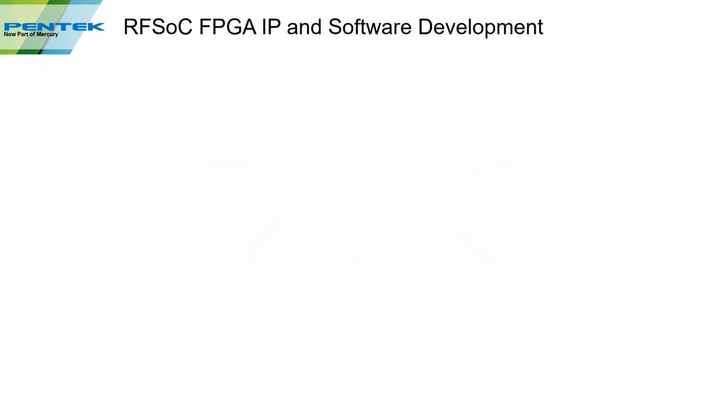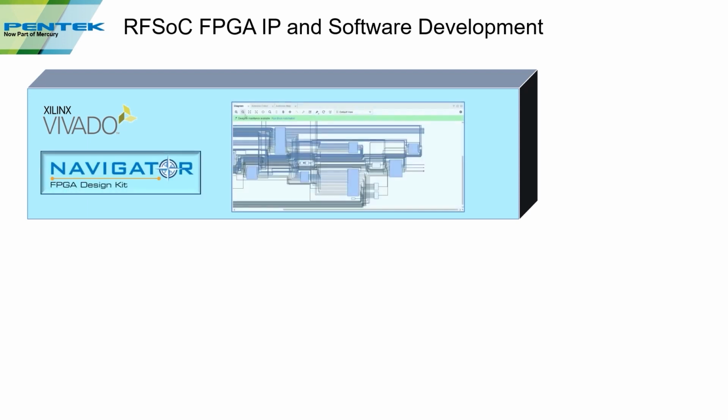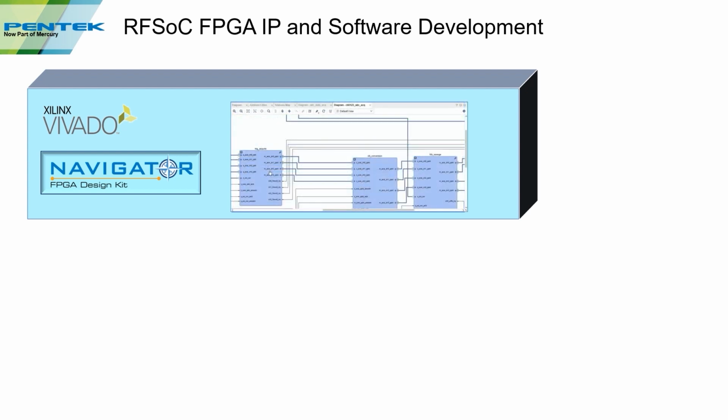In the second seminar, we looked at the FPGA IP and software development environment. We looked at Xilinx's Vivado tool suite, we looked at the Navigator FPGA design kit, and with it, we took a factory installed design and we modified it. We added a new IP core that allows us to monitor the data traffic through a specific part of the IP.